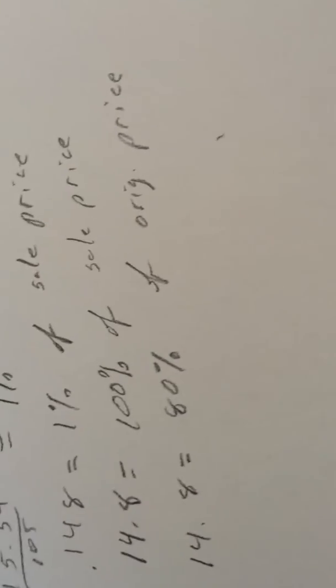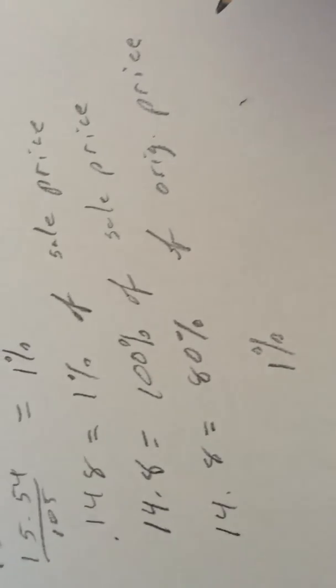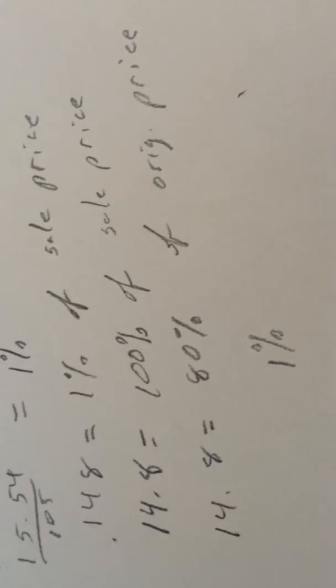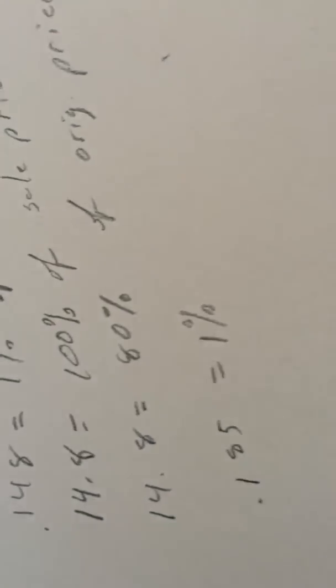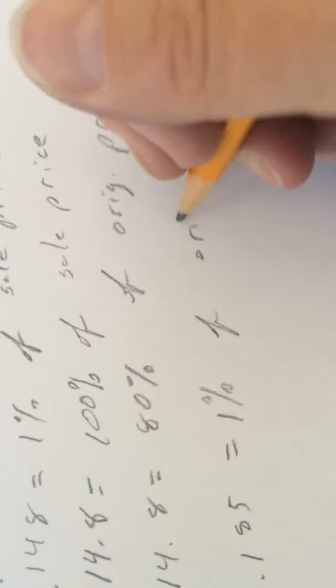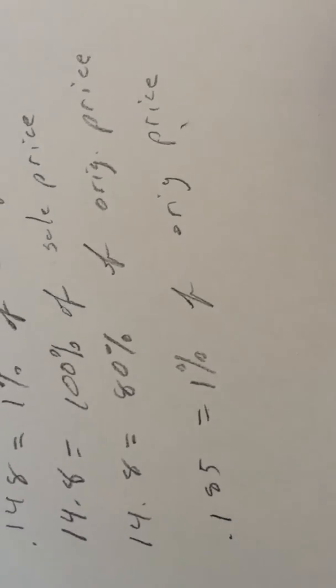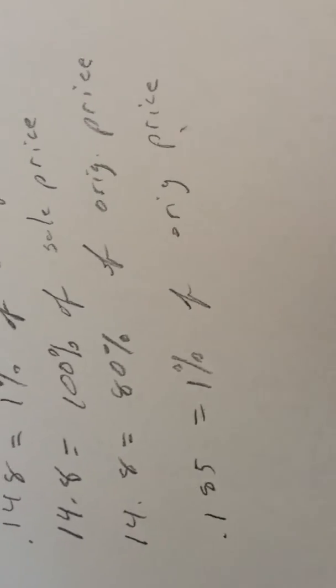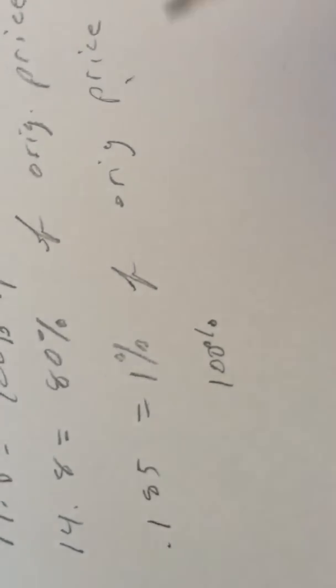Okay, again, let's find the unit rate. So what is 1% of the original price? Divide by 80. So if you take $14.80 divided by 80, you get 0.185. So 0.185 equals 1% of the original price. Okay. Well, if that's 1% of the original price, then what is 100% of the original price?